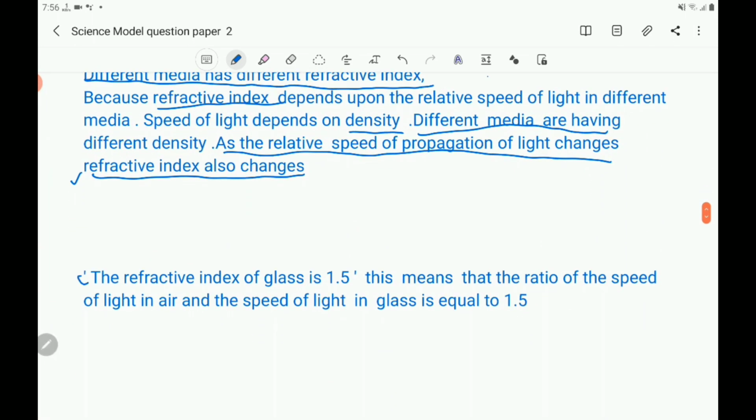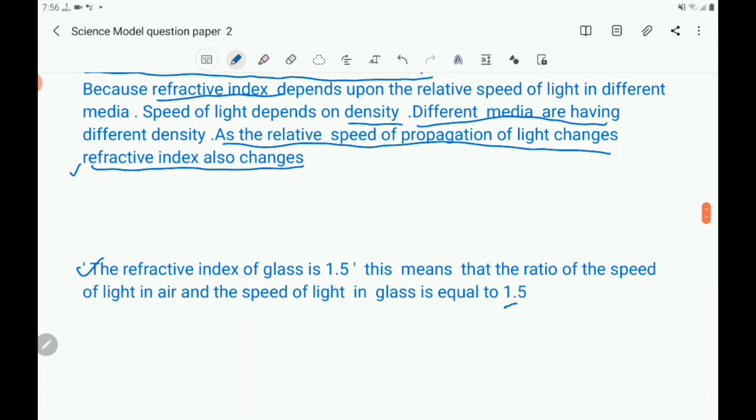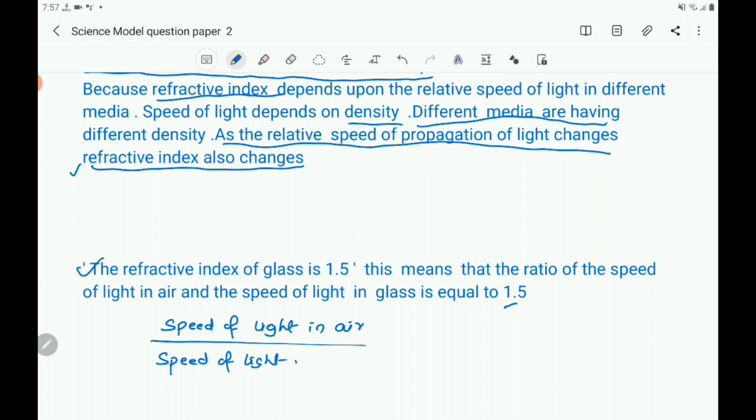You write that the refractive index of glass is 1.5. This means that the ratio of the speed of light in air and the speed of light in glass is equal to 1.5. So you write that speed of light in air by speed of light in glass equals 1.5.